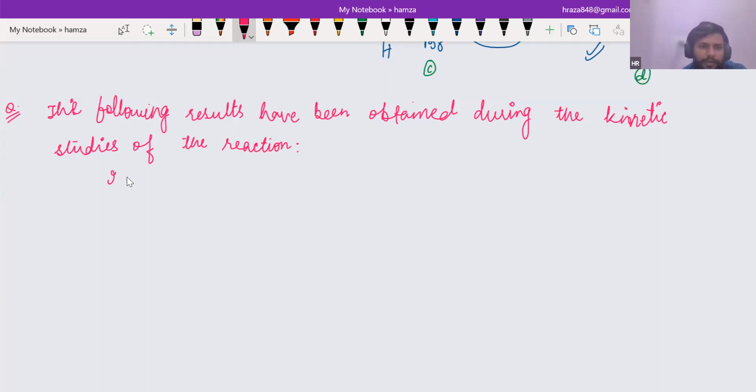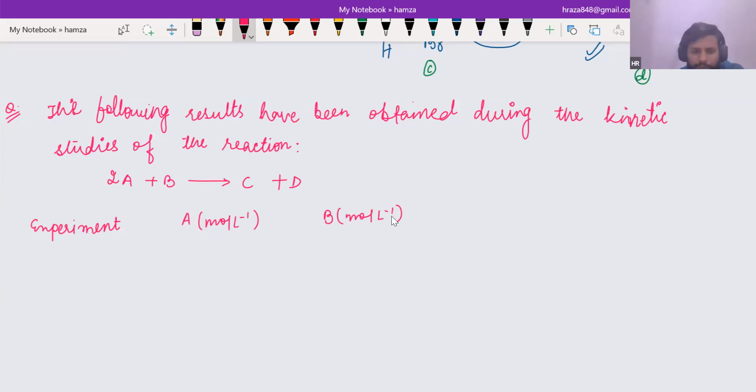The reaction is basically 2A plus B gives C plus D. Here is the experiment. Here is your A, that is in mole per liter. The concentration of A is given, the concentration of B is also given, in mole per liter. This is actually a box that I am going to make.